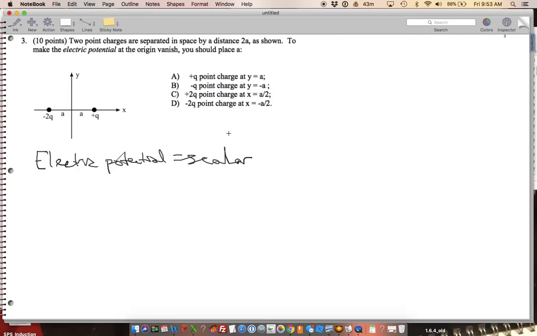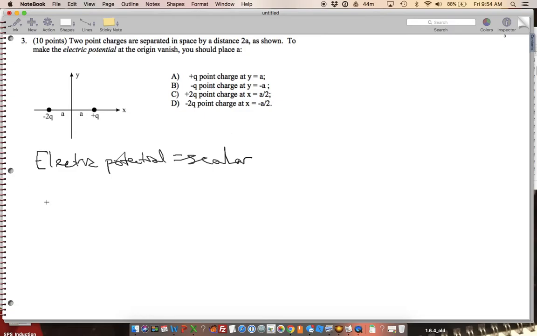So we have to take into account the direction of everything. And that means we have to take into account the components. So we have to do a lot of trigonometry. With electric potential and electric potential energy, we don't. We just can add things up, which is really convenient. So electric potential and electric potential energy are a lot easier to calculate than electric field and electric force.